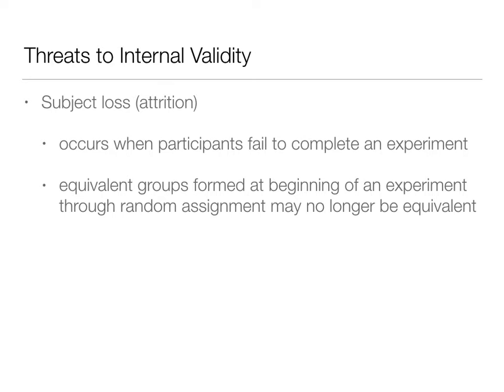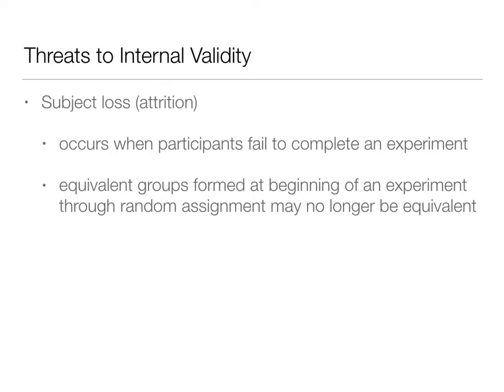And at the end of the study, we see an improvement in mental health scores. Everybody's way healthier. But is it really that the exercise helped, or is it that we had this subject loss? The people at the end of the study may not be all the people that started the study. Maybe we lost the older population. Maybe we lost the people that didn't exercise a lot.